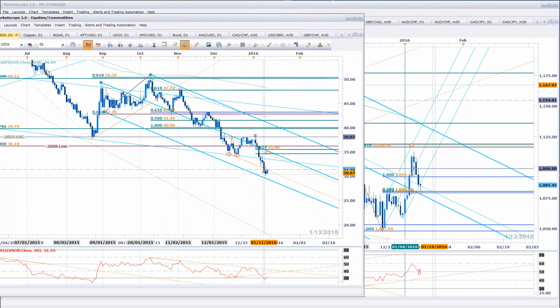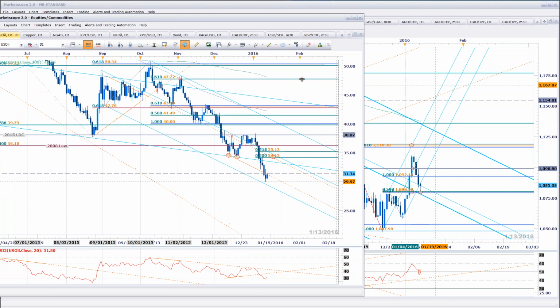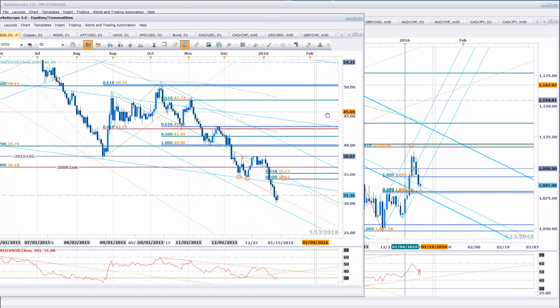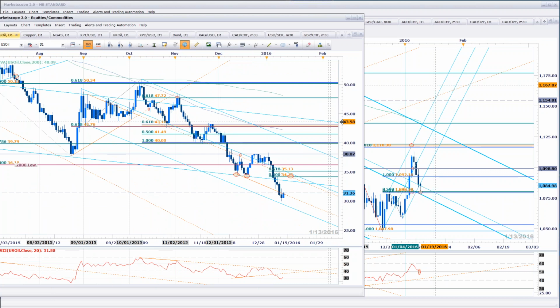Sorry about that, 34.13, and the median lines off the high here, all coincide right there. So watch the com block, and especially if we're seeing a rebound in risk and rebound in broader risk assets, likely to see some give here, both in gold and crude.